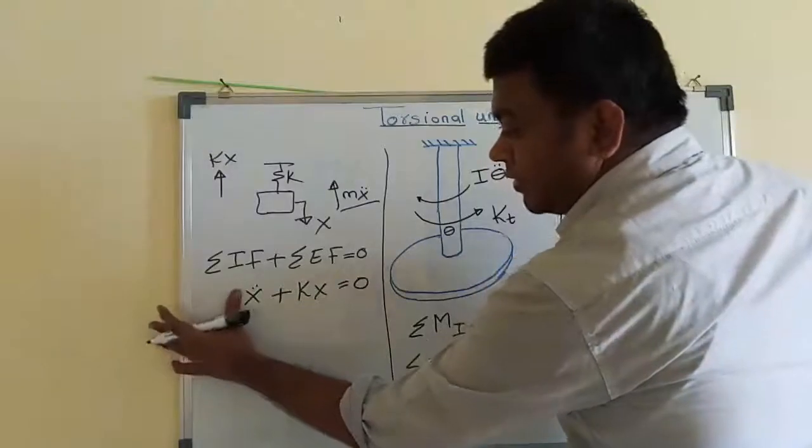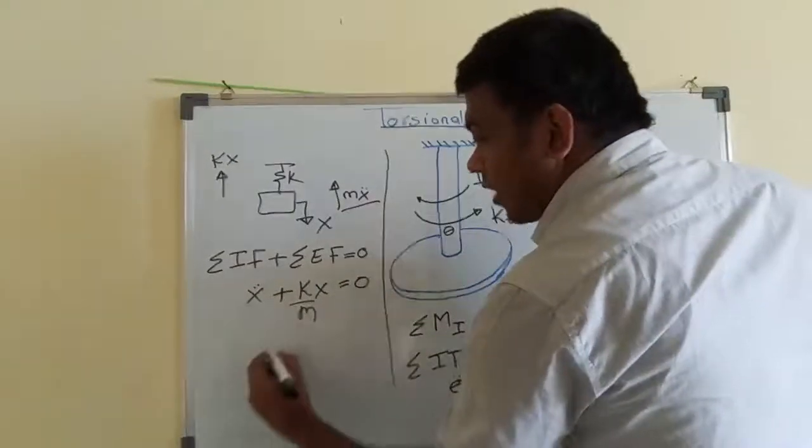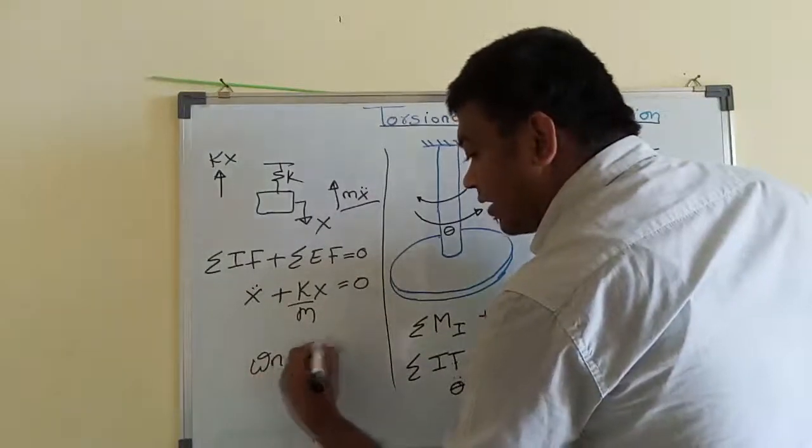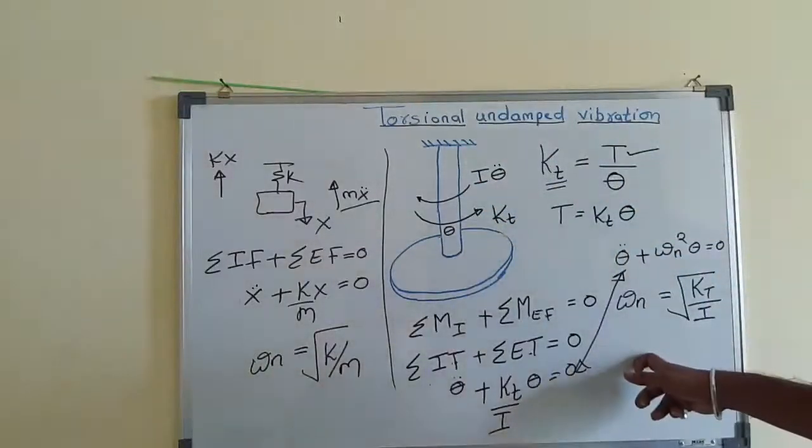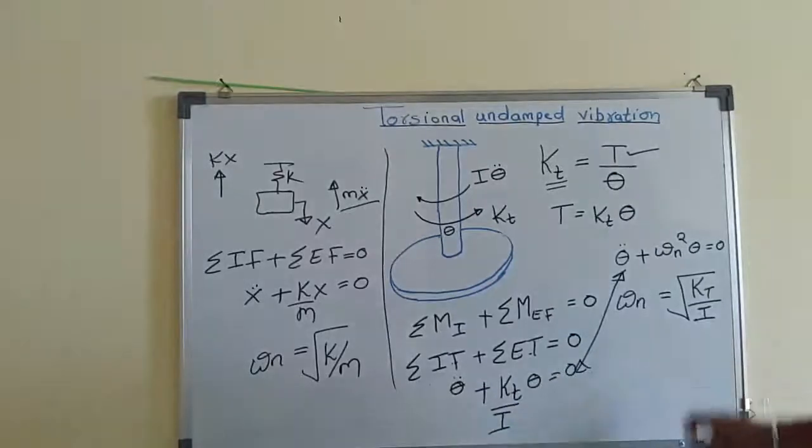If I shift this mass in the downward direction, I get omega n as the square root of k by m for a linear vibration, and omega n as the square root of KT by I for a torsional vibration. This is the basic difference between torsional and linear vibration.